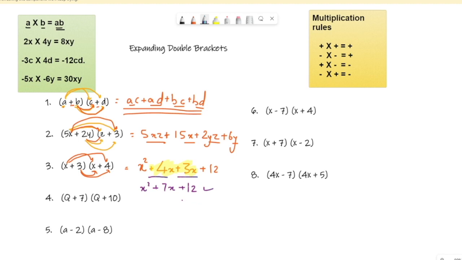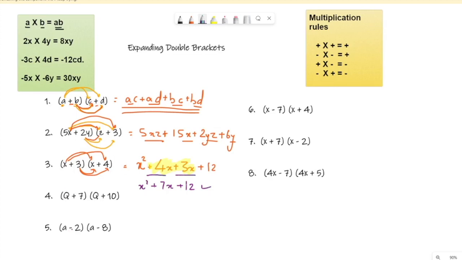Okay, so let's do some other questions out of these. Let's see the question with negative signs this time. So a times a will be a square, and a times 8 will be 8a. But this time you have to see that a is positive and 8 is negative.